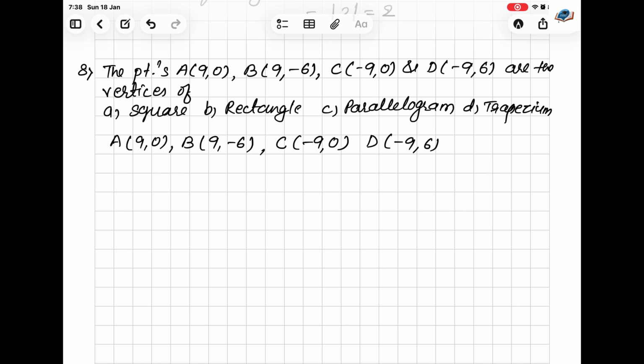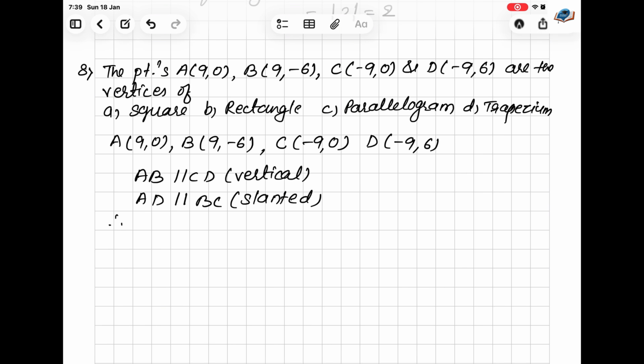So here I can say AB will be parallel to CD. That is vertically they will be parallel, and AD will be parallel to BC. That will be slant because angles are not 90 degree. So therefore opposite sides are parallel, but not equal at right angle.